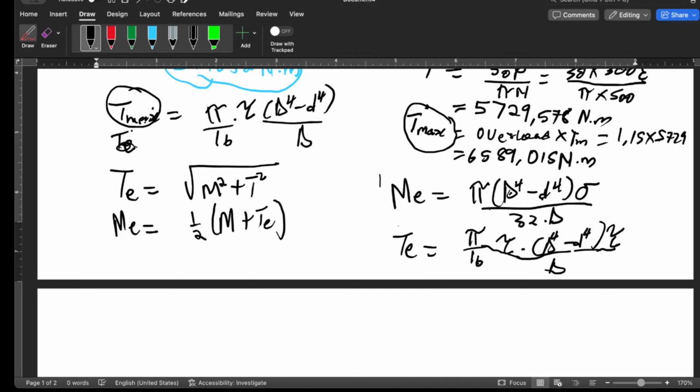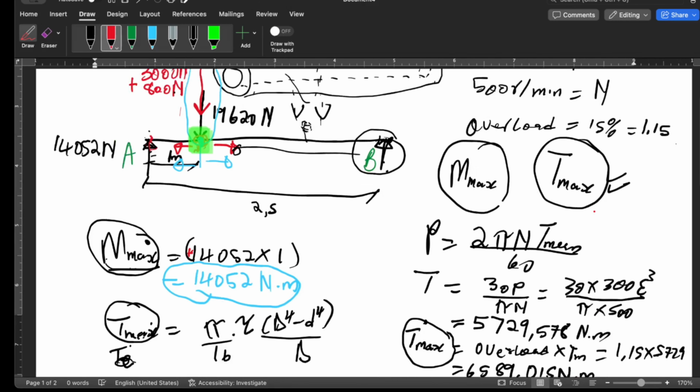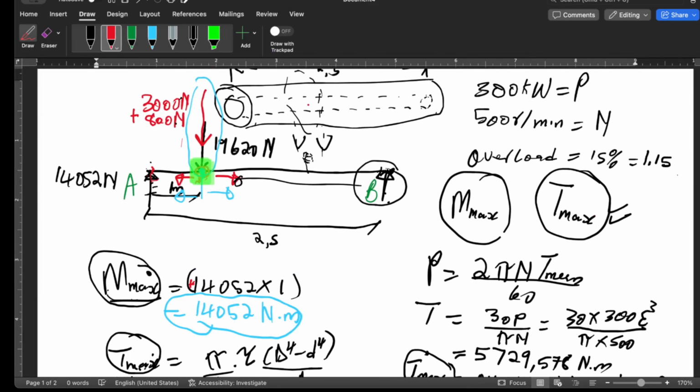There are two things here. Let us start with the one which is talking about stress. We are given this stress, right? When you load a shaft, what's going to happen? It's going to bend.